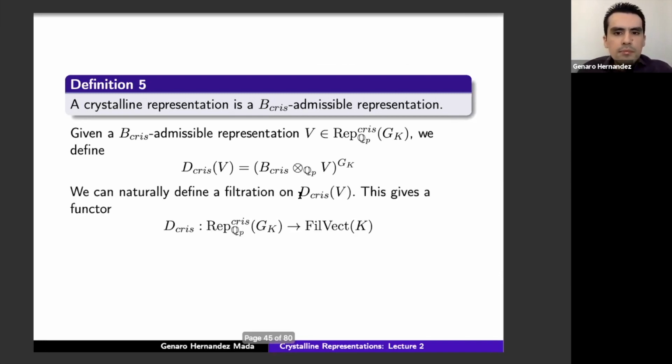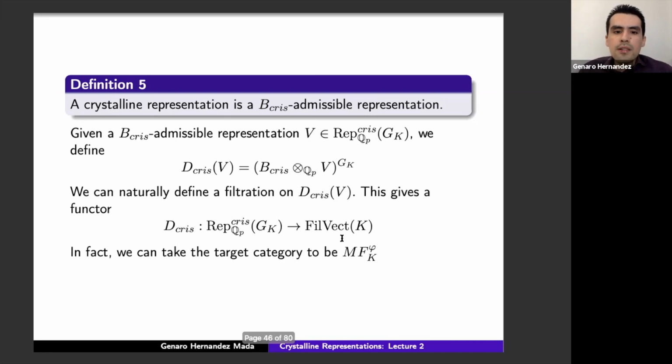And this gives a functor from crystalline representations to filtered vector spaces. But here's the interesting thing. Here's the important thing about this construction that we made. I mean, we made this construction in order to have Frobenius.